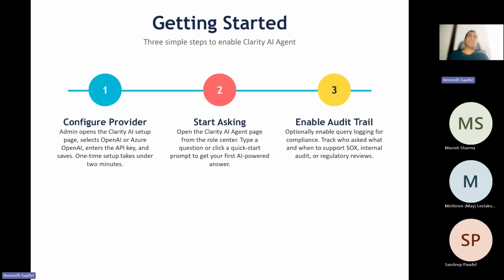There is a simple one screen where we have to apply the AI provider's API keys, and then we can start. So you can configure the provider: admins, open your Clarity AI setup page, select OpenAI or Azure OpenAI, enter the API key, and the one-time setup takes just 2 minutes, depending on how easily you get the API keys from the administrative department.